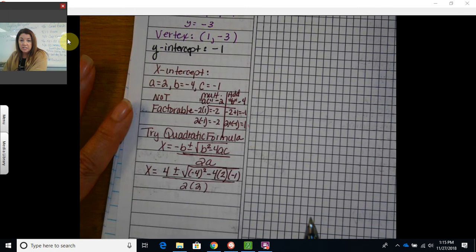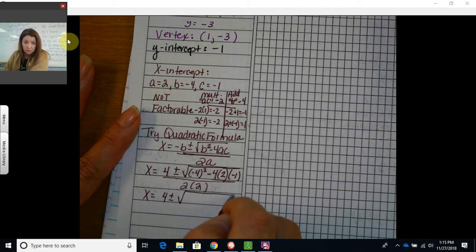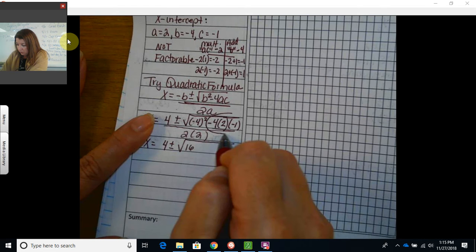So obviously I have no idea where this location is on my x-axis. I need to simplify it as far as I can. So I get x equals 4 plus or minus the square root of, what's negative 4 quantity squared? 16. And then we have negative 4ac. I like to do it all together.